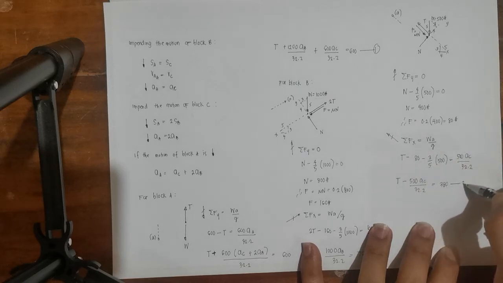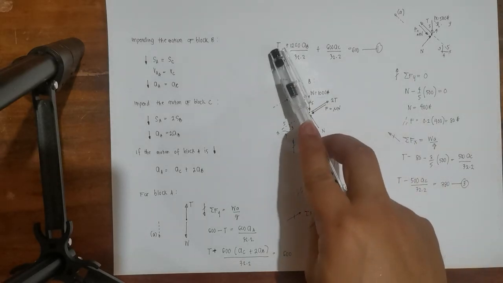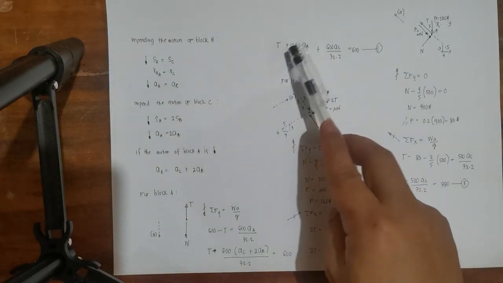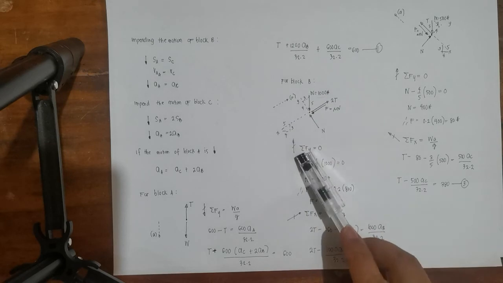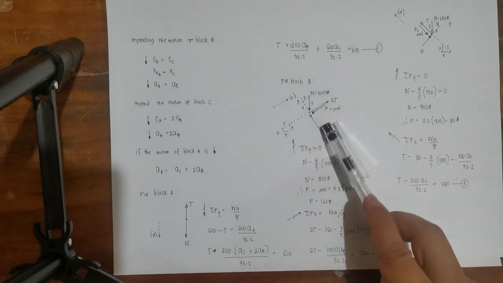That is our equation number 3. So that is 3 equations, 3 unknowns. Apply nyo lang sa calculator nyo yan, mode 5, 2. So using mode 5, 2, input nyo lang 1 equals 1,200 over 32.2 equals 600 over 32.2 equals 600 equals.